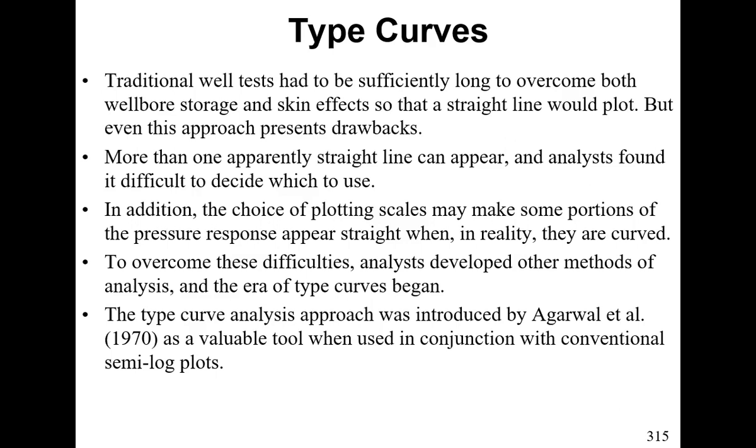And in such scenarios, analysts found it difficult to decide which one is the straight line portion representing infinite acting radial flow. In addition, depending on the choice of your scales, what is actually curved may appear straight. So to overcome these difficulties, other methods of analysis were developed.